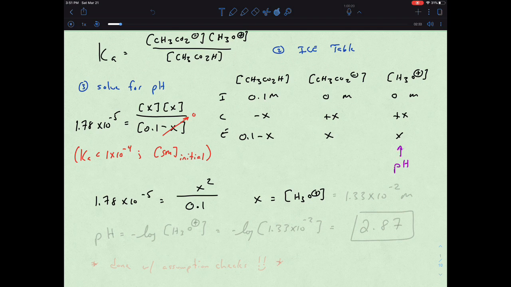Remember, that's how we're going to get at pH. That is equal to 1.33 times 10 to the negative second molar. We can then take the negative log of that hydronium ion concentration, right, the negative log of the 1.33 times 10 to the negative second, and we get a pH of 2.87.